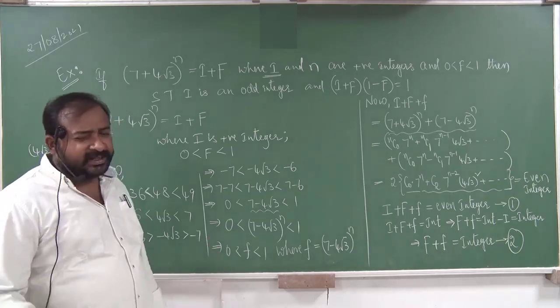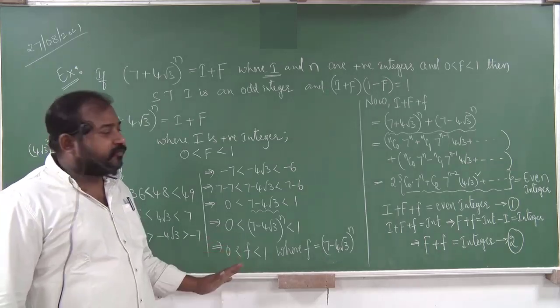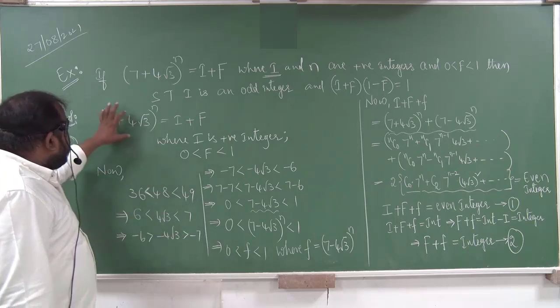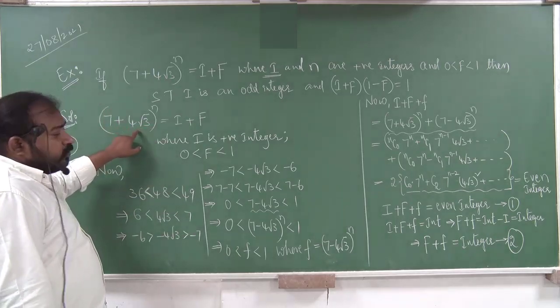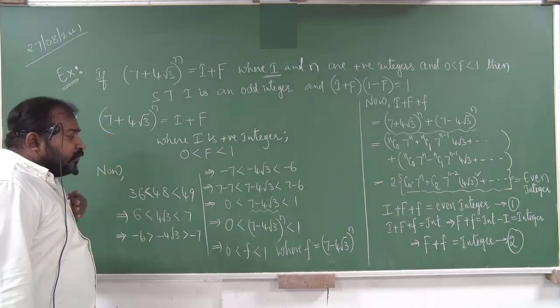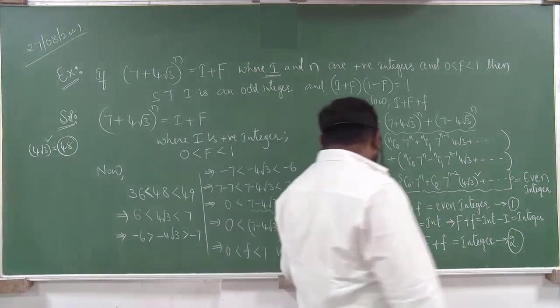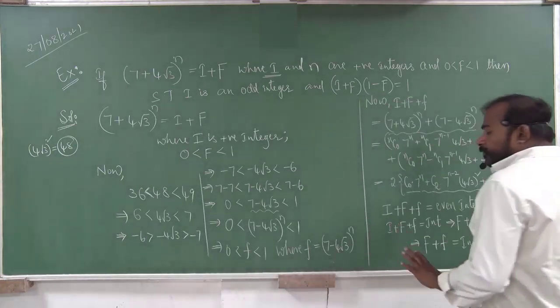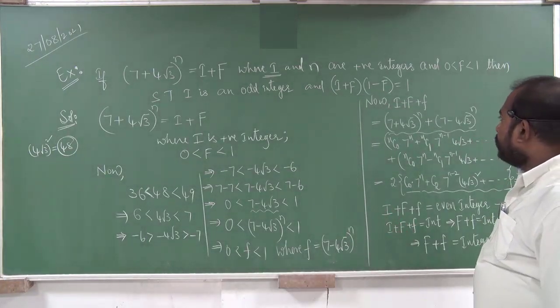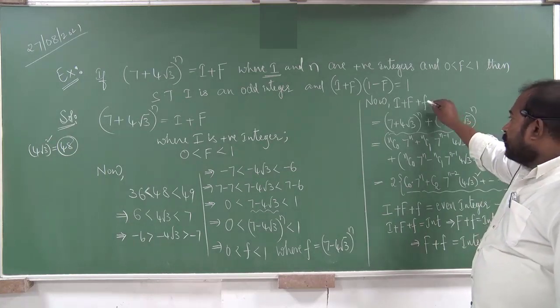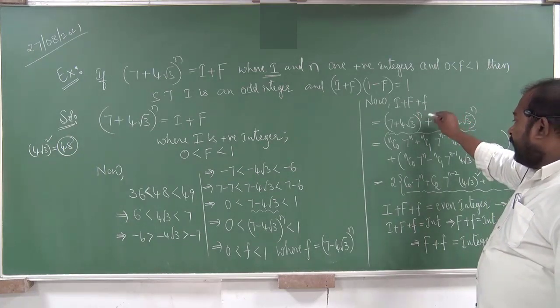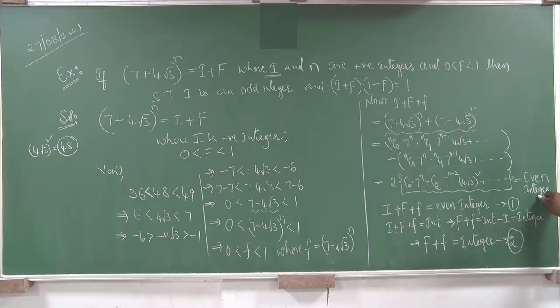Either small f or anything you can take it; here I am taking small f. Now I plus capital F is the value they given already. Small f value, I am considering (7 minus 4 root 3) whole power n, where n is a positive integral value. Now add all these. I plus F plus small f, I can get an even integral value.